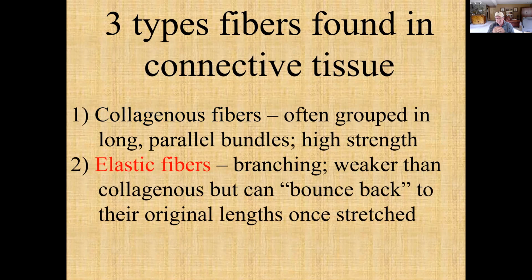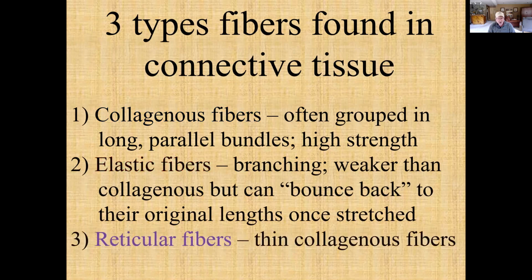So think of them again as being flexible. And our third type, that we won't talk a whole lot about, we will mention it in one particular type of connective tissue, is the reticular fibers. These are thin collagenous fibers. They're like very, very thin rebar.